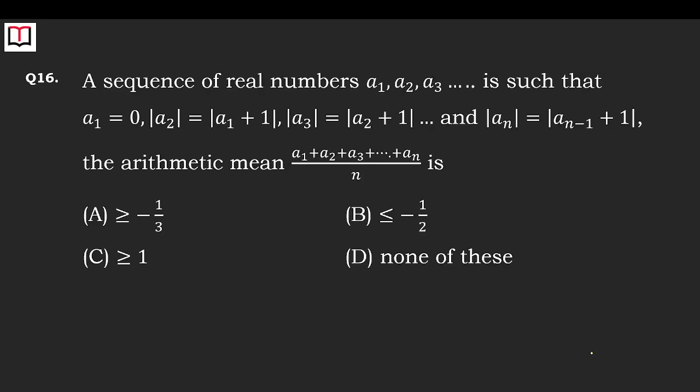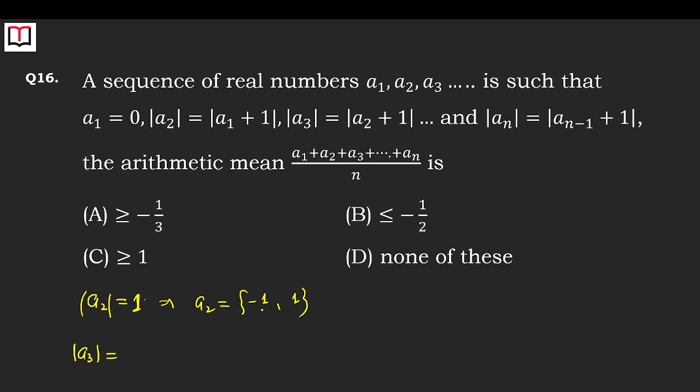Now moving to the 16th one: a sequence of real numbers is such that... See, here what I did was simply I went for writing a2. Mod of a2 is 1, so that means the possible values of a2 are minus 1 and 1. Then I thought, okay, let me try to get a3. Mod a3 is mod of a2 plus 1.